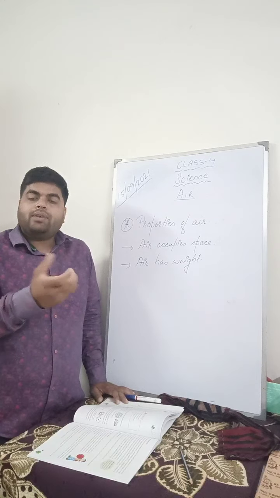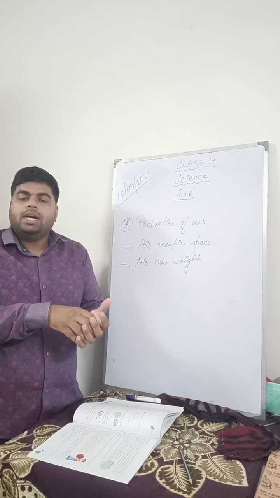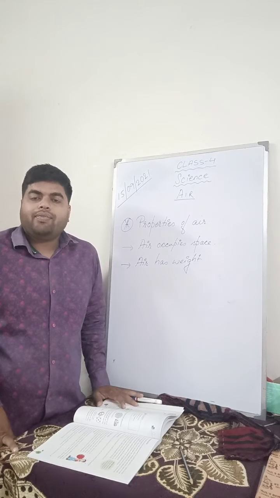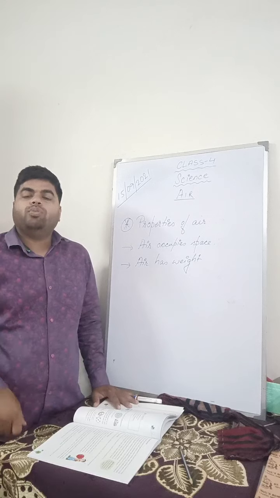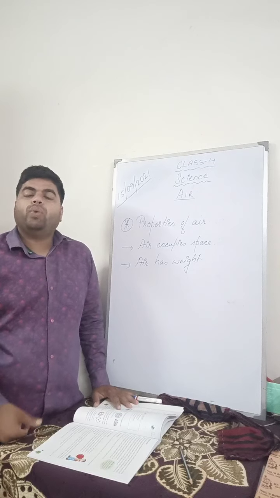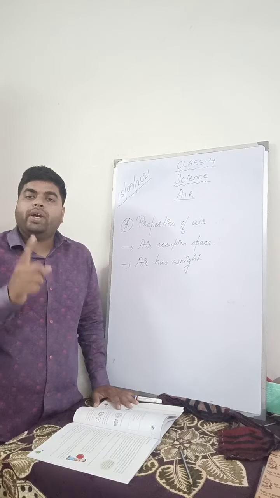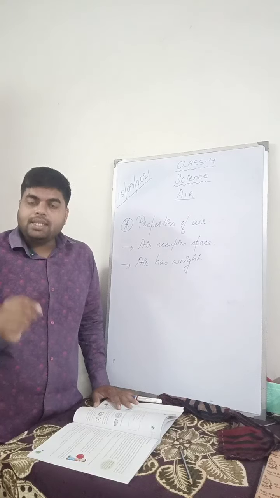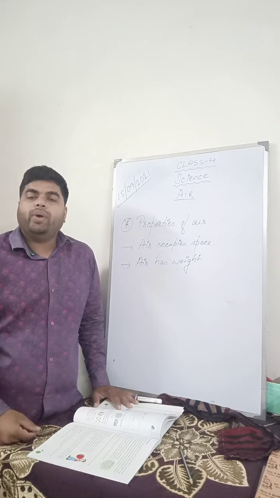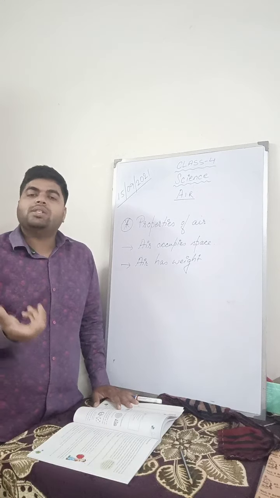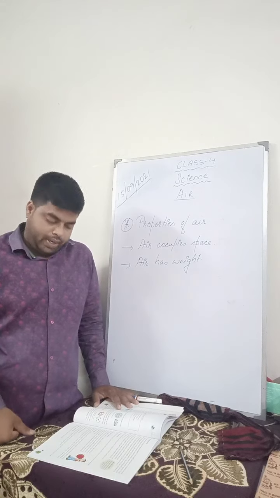Now weigh that football in a weighing machine. Measure that weight. After that, you blow air in that football and again measure the weight of the football. You will see the weight of the football increases. This tells you that air has weight. Maybe the weight is very less, but air has weight.